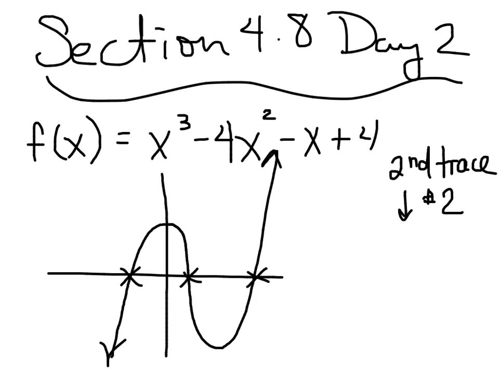Going up the hill, left needs to be below the x-axis, and right needs to be above the x-axis. So if I'm finding this first one on the left, I need the cursor for the left bound down here, and the right bound up here.